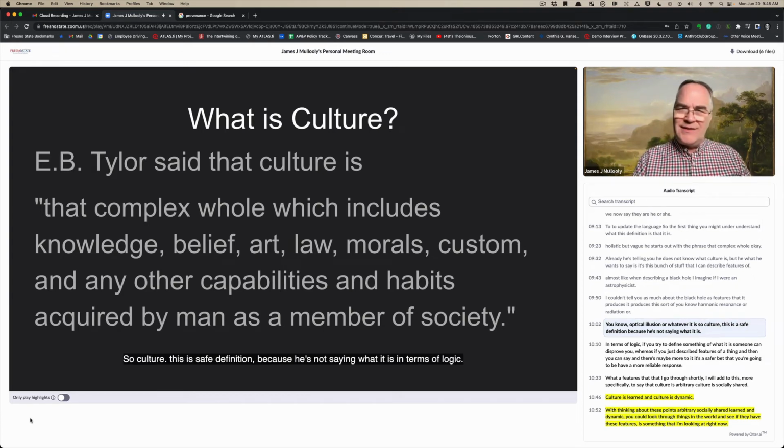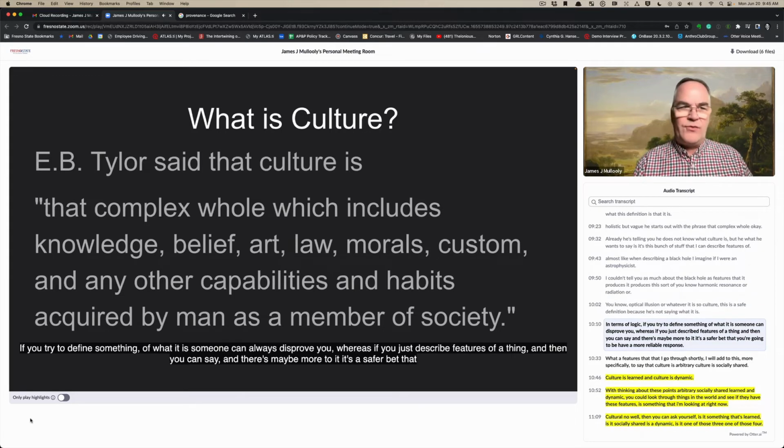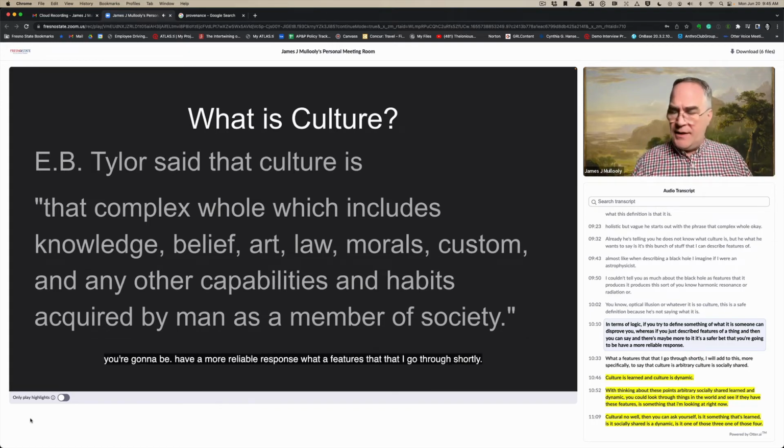So for culture, this is a safe definition because he's not saying what it is. In terms of logic, if you try to define something by what it is, someone can always disprove you. Whereas if you just describe features of a thing, and you can say there's maybe more to it, it's a safer bet that you're going to have a more reliable response.